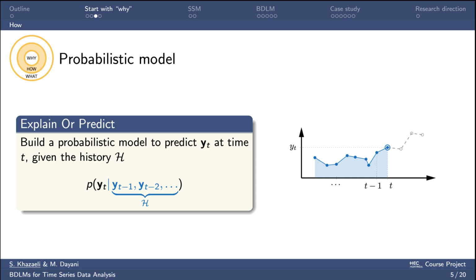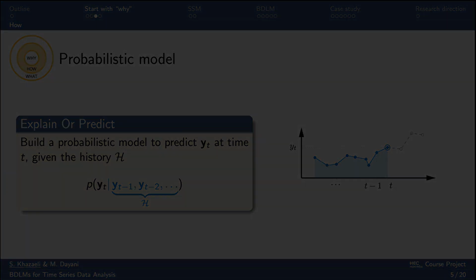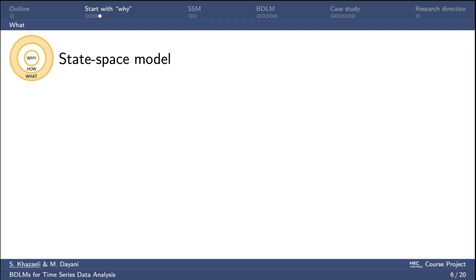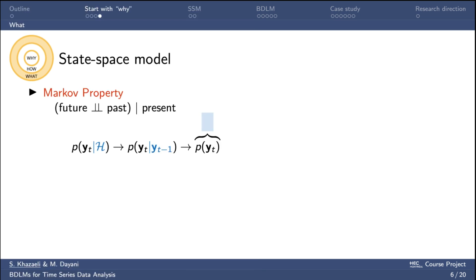Up to now, we know our why and how. Let's see what we'll use to handle this probabilistic model. We use state space models to build a probabilistic model. For this, we need to provide some assumptions. First, we use Markov property. It says the future is independent from the past given the present.